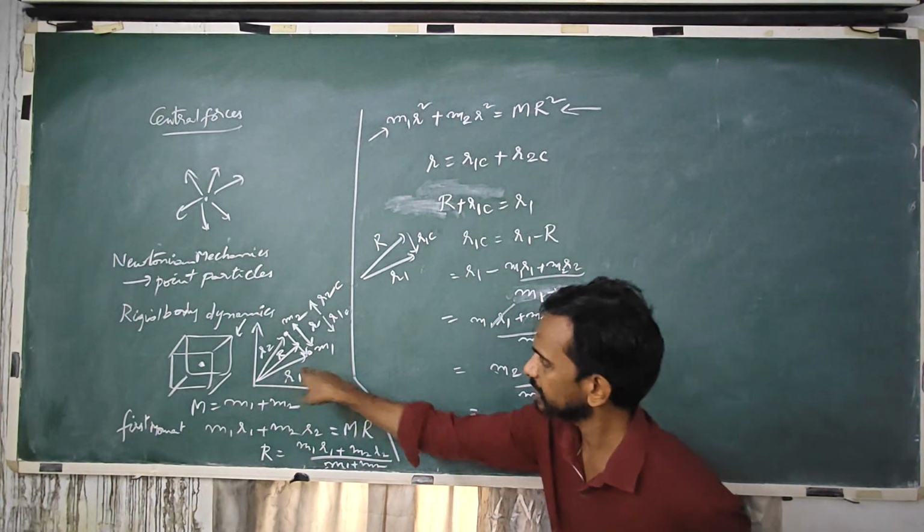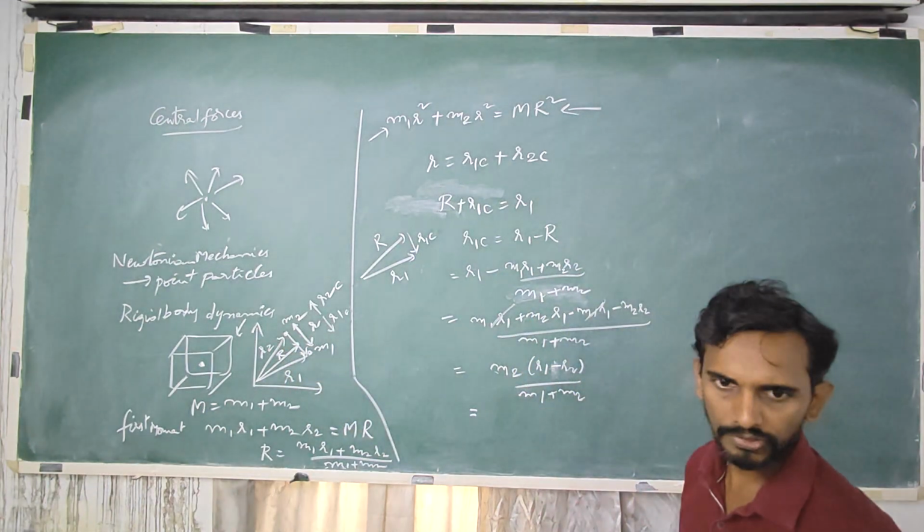So what is that? R1 minus R2, vector difference.